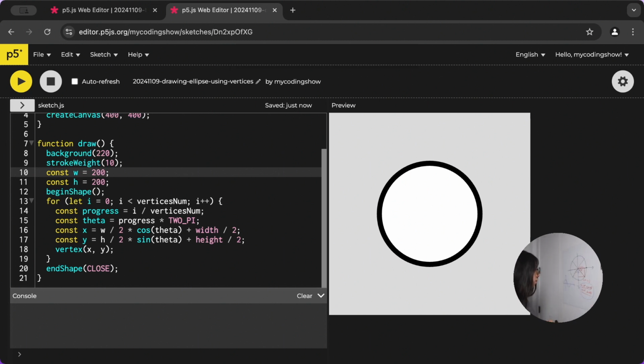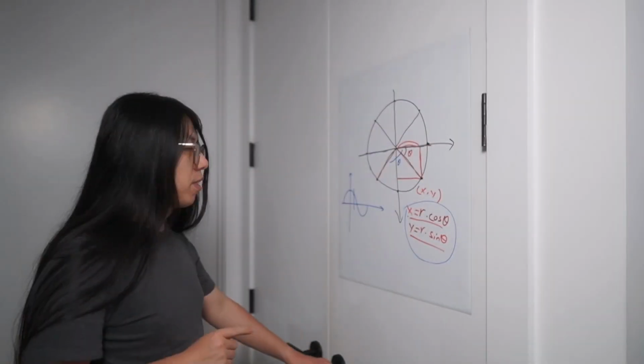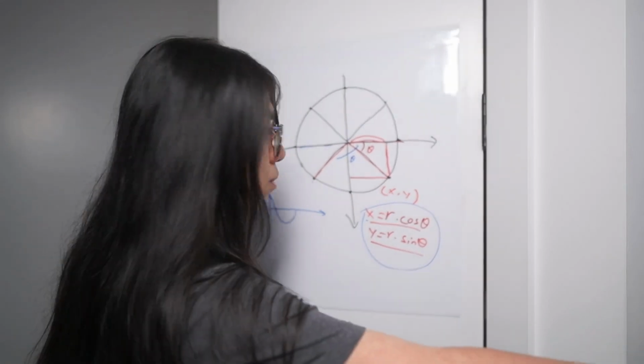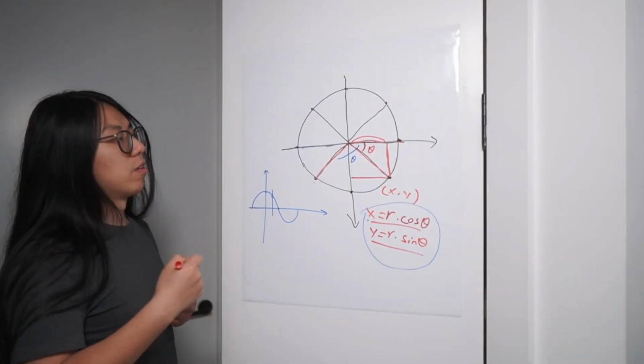So why did this math here not make sense for some reason? Oh, I see. Actually, I see why. That is because of the coordinate. It is important to draw the coordinate in the right way.